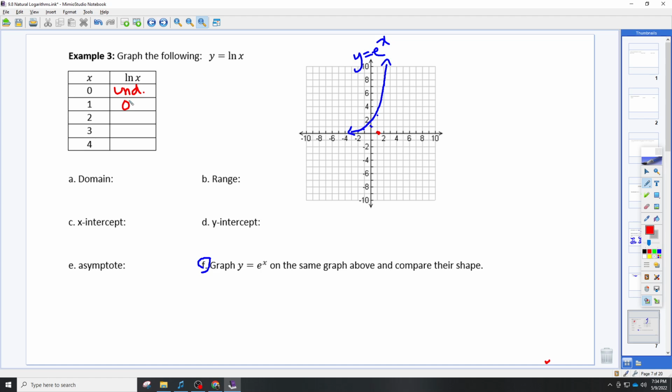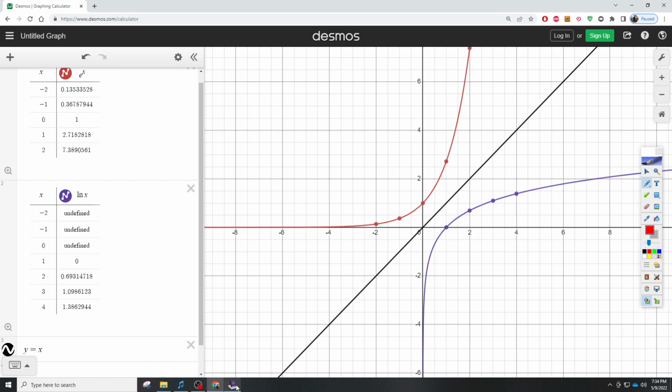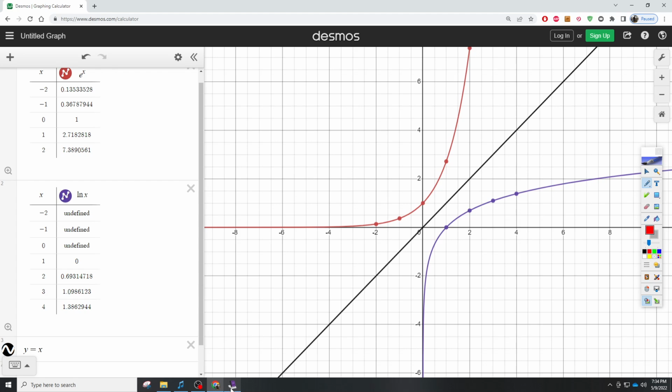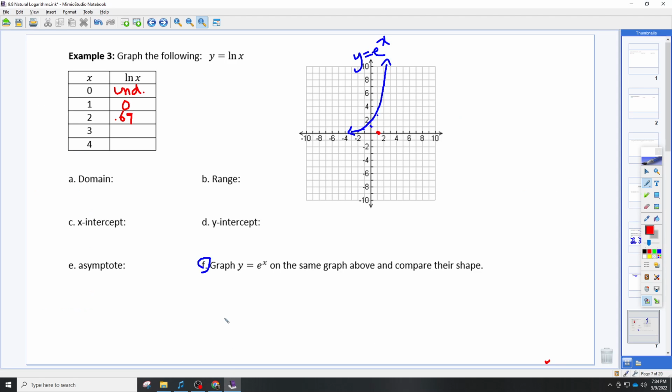Undefined. 1 is 0. 2 is 0.69. Then we have 3, 1.09, and 1.38. All right. So 2 is 0.69, not that high. 3 is 1.09, barely over 1, and 4 is a little bit above that.